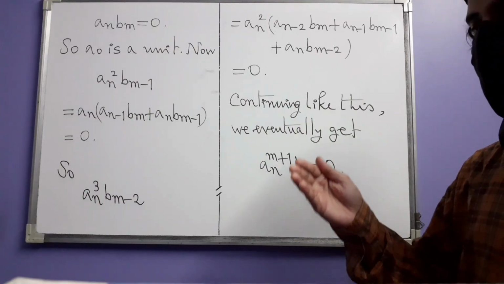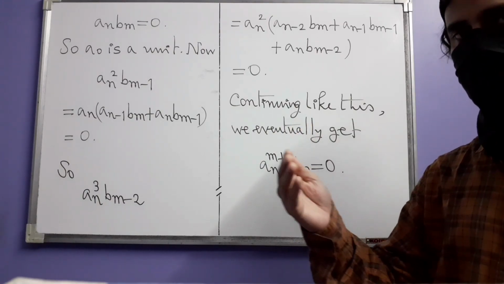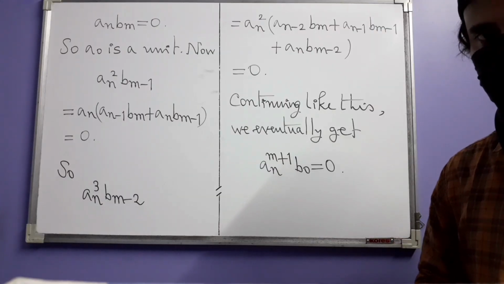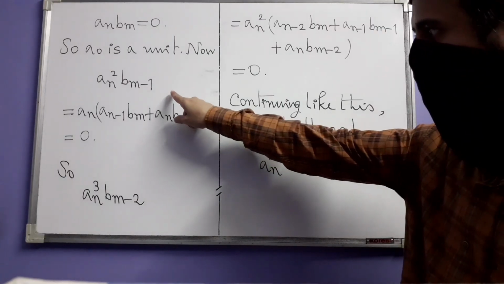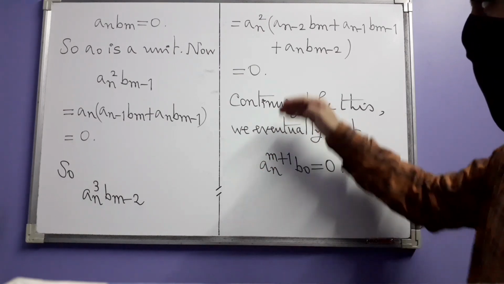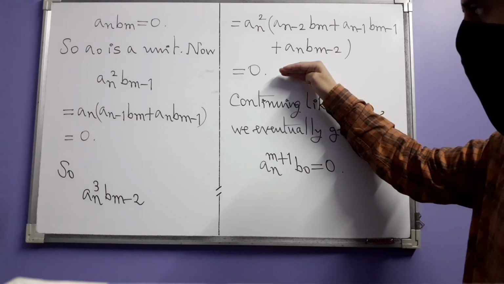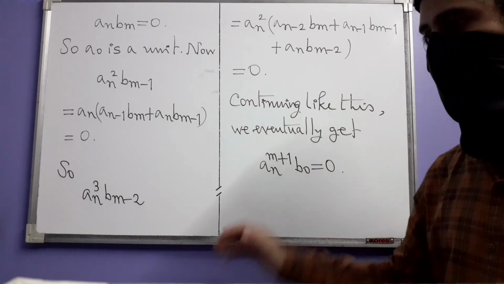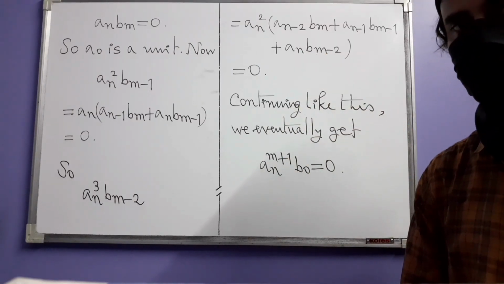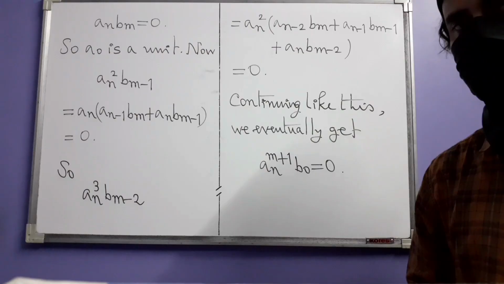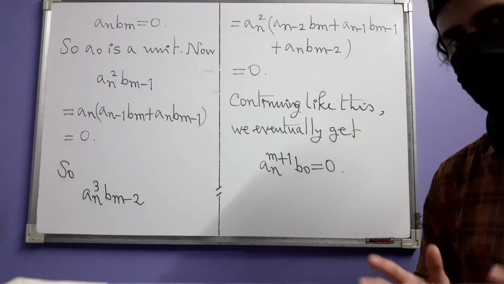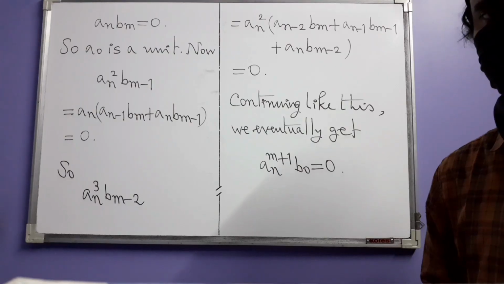You write not just a naught b naught is equal to 1 and the other equations, but many equations in between. And then you go through not just this and this, you can see this too already, but say 3 or 4 or even 5 such calculations which will naturally come after this. Then you will see the pattern and then you will convince yourself that yes, it can be continued.